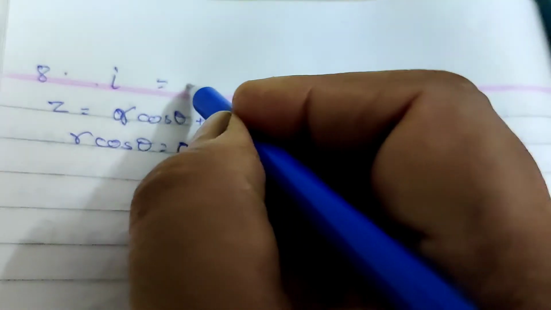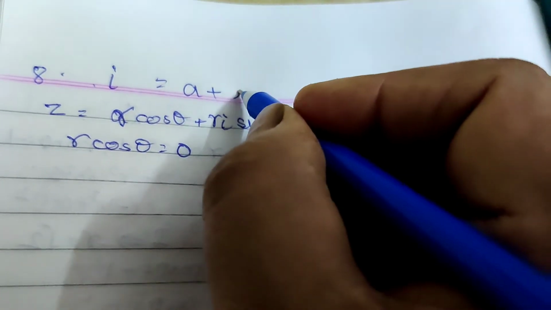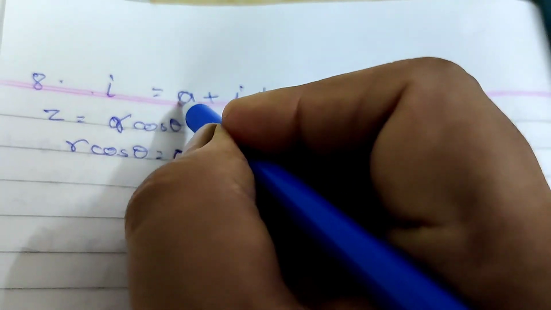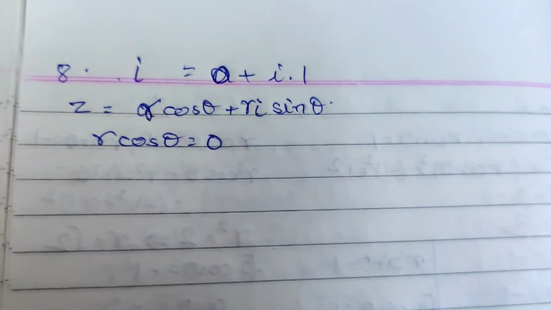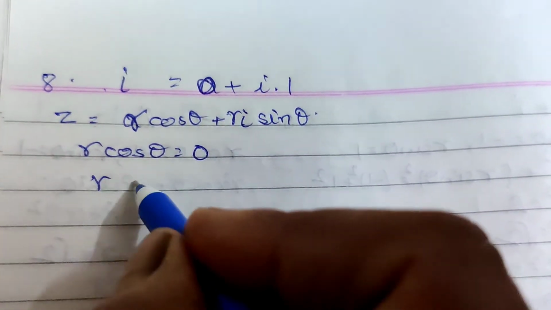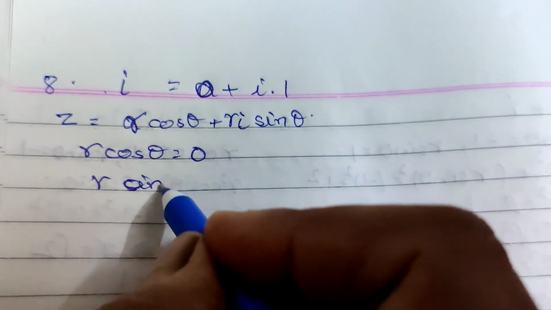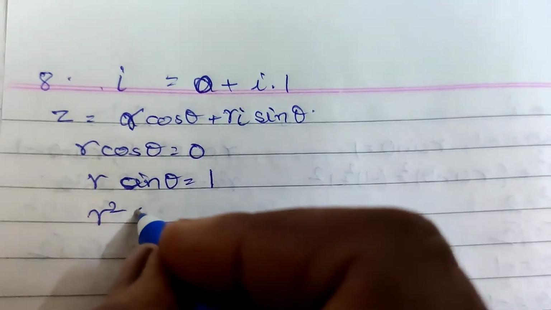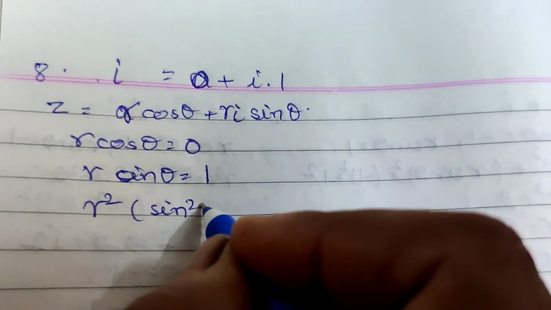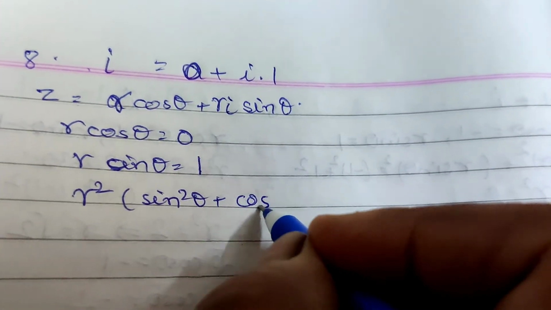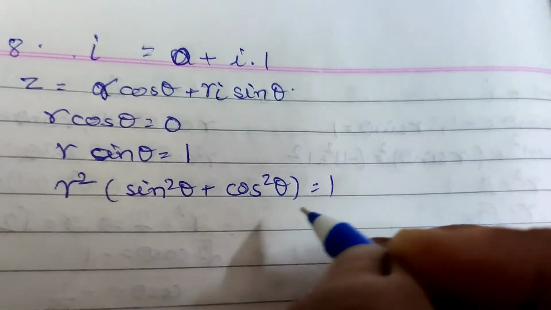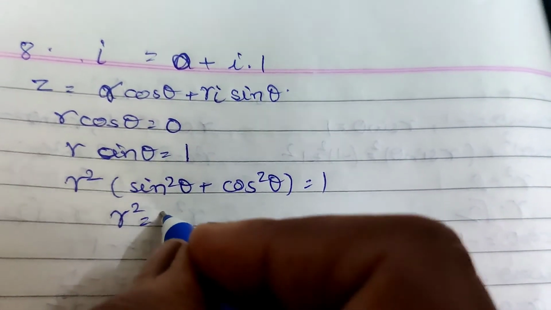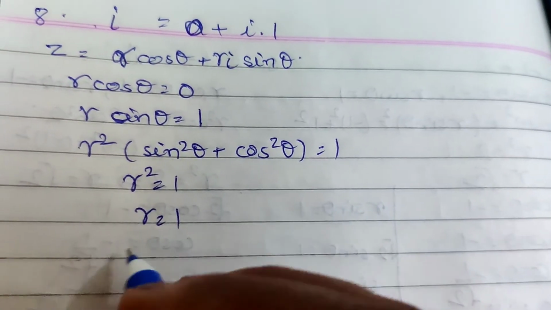You can write it as 0 plus i into 1. And r sin theta equal to 1. Now r square equal to 1, r equal to 1.